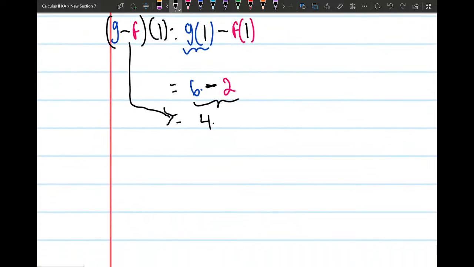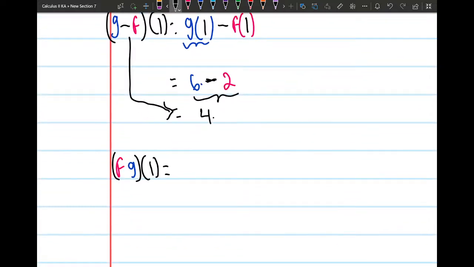And then let's do f times g of 1. So now we're going to do fg of 1, and this is going to be f of 1 times g of 1.